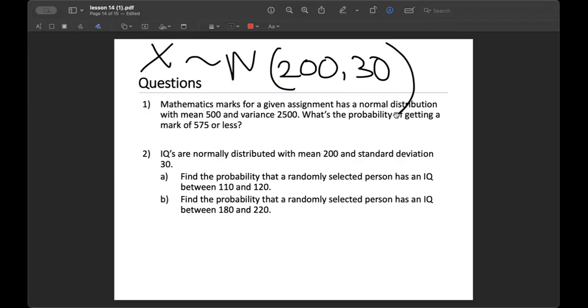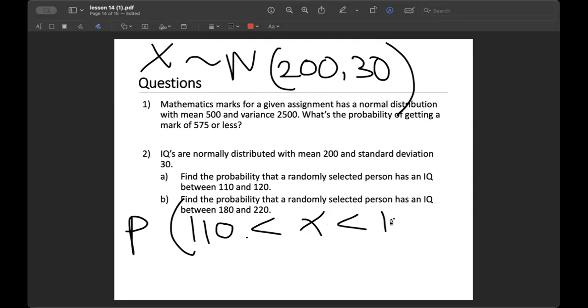Then they are saying find the probability that a randomly selected person has an IQ between 110 and 120. That means X should be greater than 110 and less than 120.